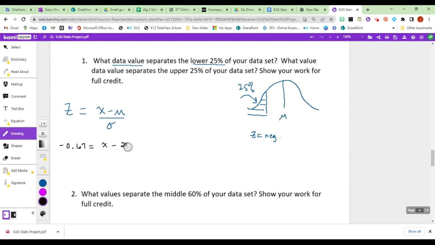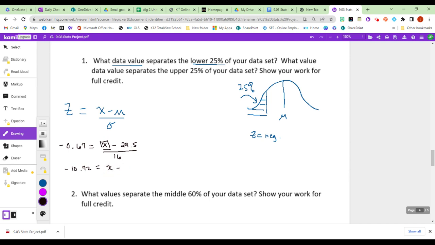My mean of my 20 points that I chose to begin with at 9.01 was 29.5, divided by my standard deviation, which was 16. And then I'll multiply both sides by 16. I'm going to solve for X. So negative 0.67 times 16 is negative 10.72.